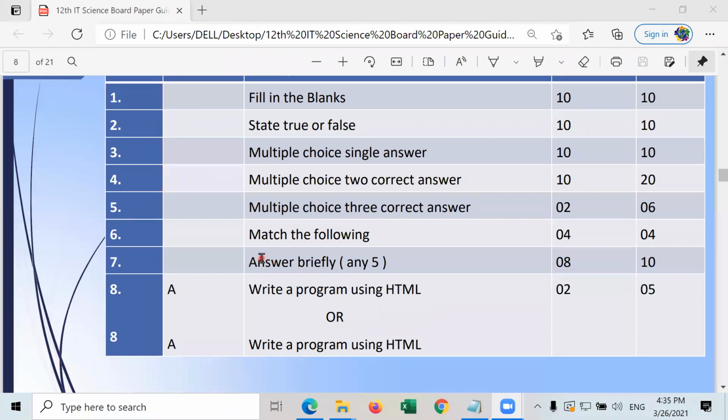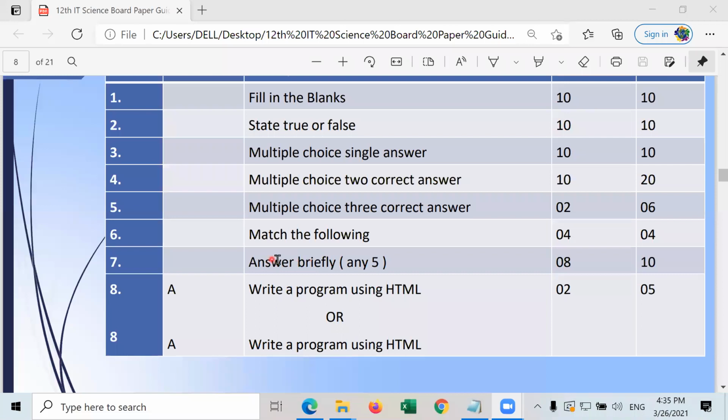If you write the answer of this question in 1 or 2 lines, you will be losing marks for that. You will not get full 2 marks. So the question itself tells that you have to answer that question briefly. So many students have written answers of these questions in short in a prelim exam which we conducted last month.